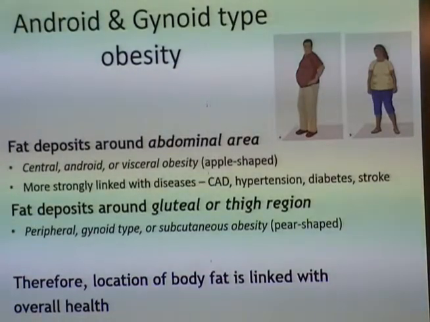So peripheral gynoid, pear-shaped, where the majority of my additional fat deposit is lower down in the body, is safer somehow, less dangerous than this central scenario. All right, these fat deposits don't release as much free fatty acids into the bloodstream. It just sits there. Okay.